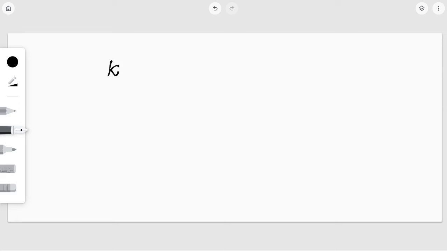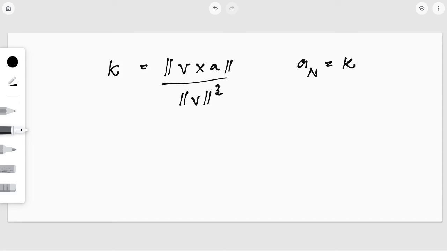Now we know that the curvature will be magnitude of v cross a by magnitude of v whole cube, using a n is equal to kappa into v square.